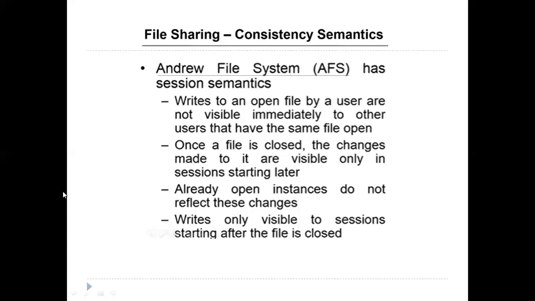Already open instances do not reflect these changes. Whatever change I make in my file will not be seen immediately. Writes are only visible to sessions starting after the file is closed. After I close my file, whoever opens that file will see the changes. That is how semantics is maintained in the Andrew file system.